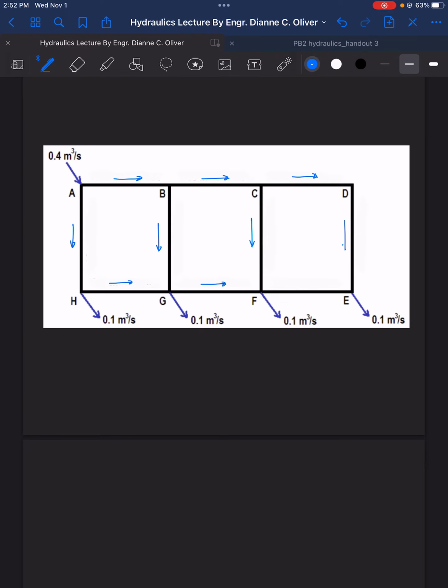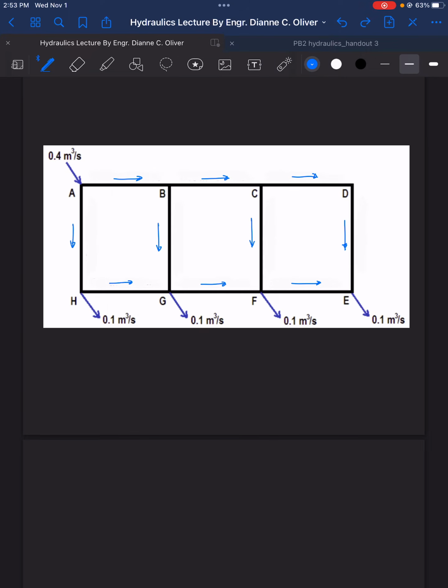Now we are actually assuming also the direction of flow. If it turns out that the value for example here in VG becomes negative, that means our direction is opposite. So you just need to change the direction here and then try to recompute.